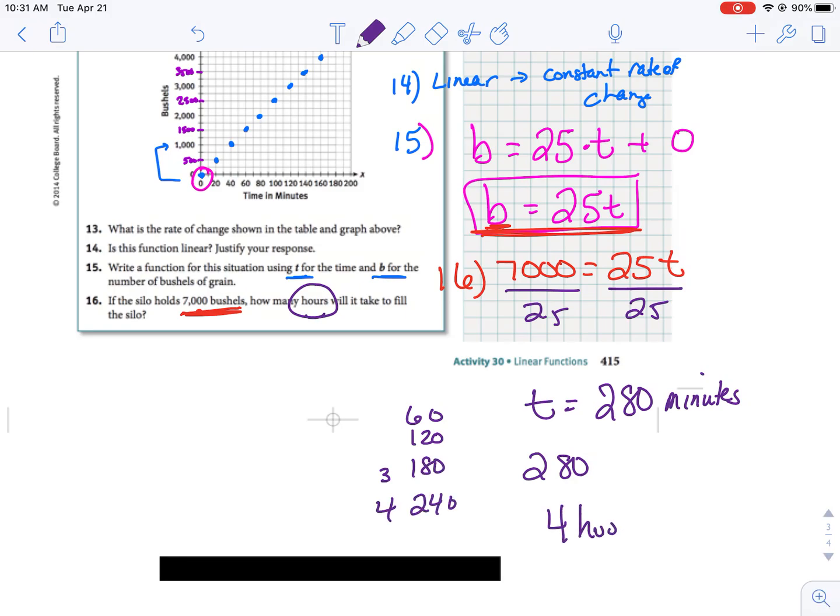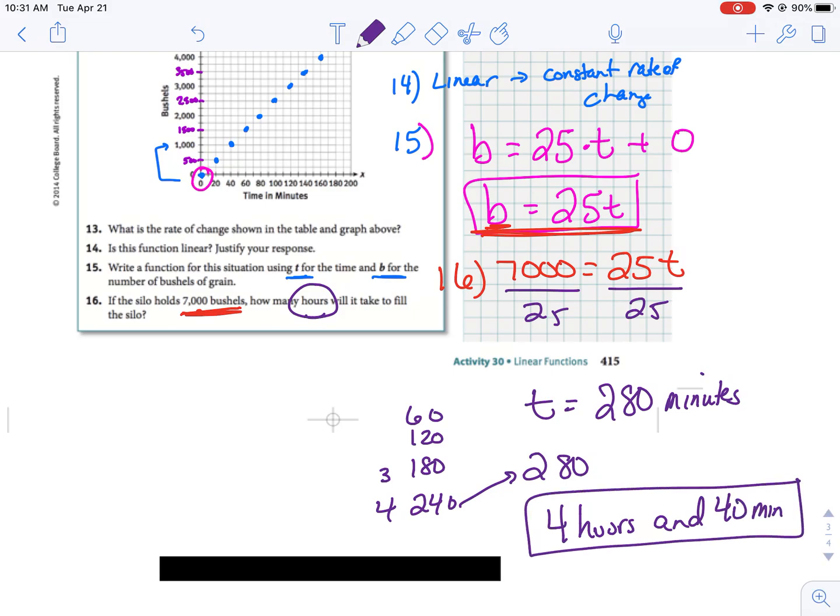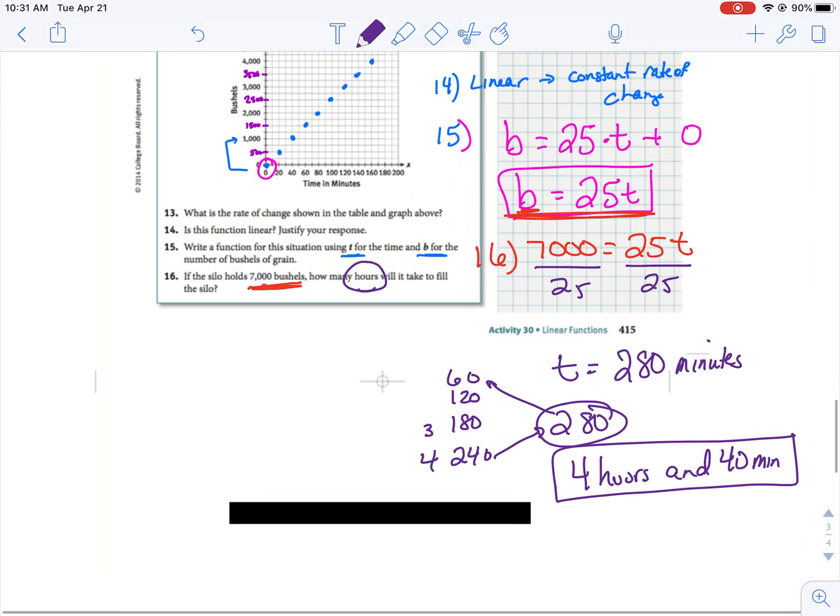So we know it's 4 hours, and then to go from 240 to 280, 4 hours and 40 minutes. Okay, we also could take that 280 and divide by 60 and get it as a decimal. But in my opinion, 4 hours and 40 minutes makes a little bit more sense because you can figure out that time on a clock.